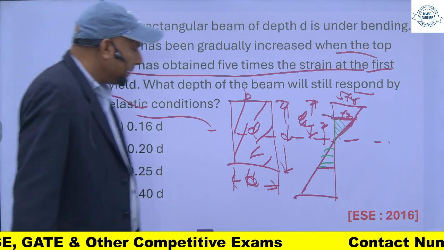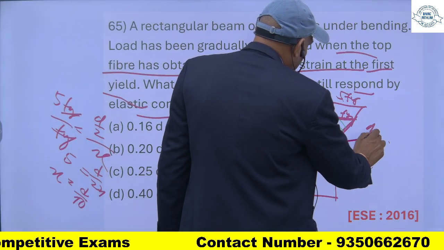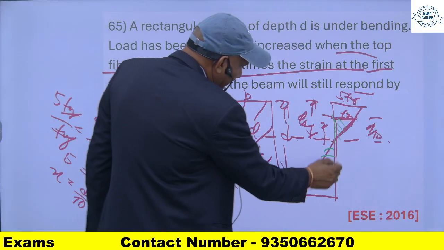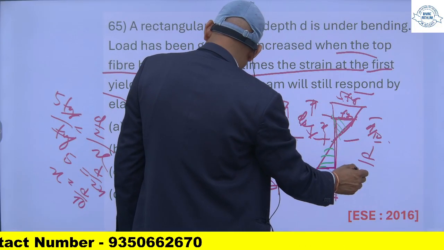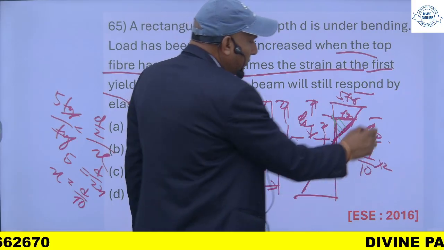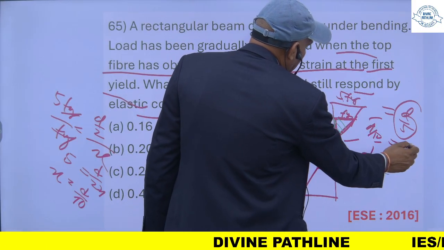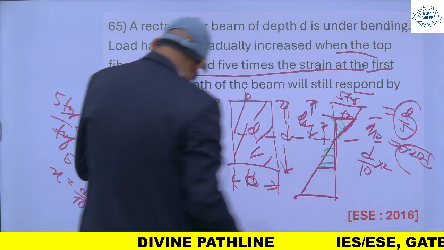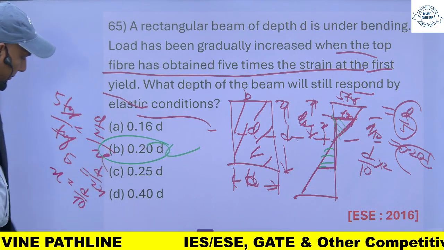So this is d upon 10, and this depth is 2 times of this one. 2 times of this will be d upon 10 into 2. So it will be d upon 5. d upon 5 is 0.20 d. So this is the correct answer.